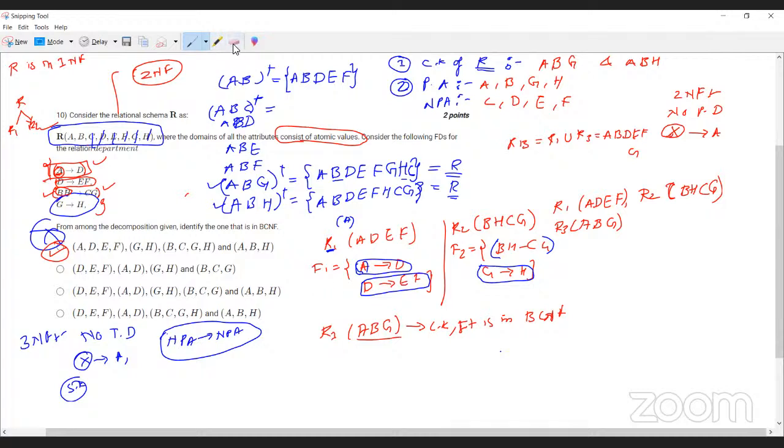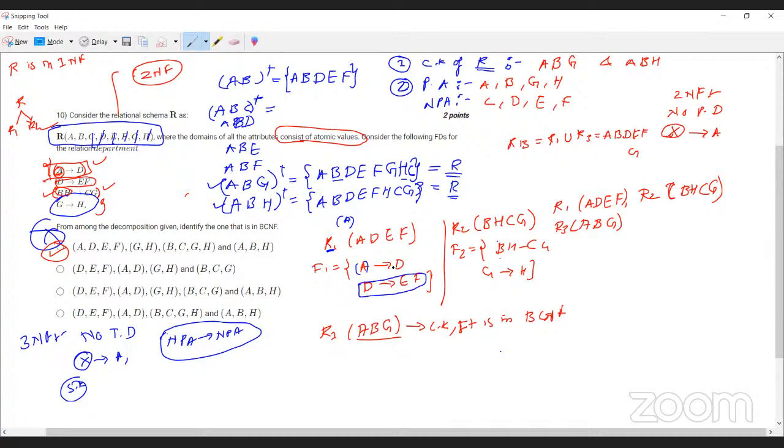So here you can see, in both F1 and F2, is there any transitive dependency? In F1, A determines D and D determines EF.